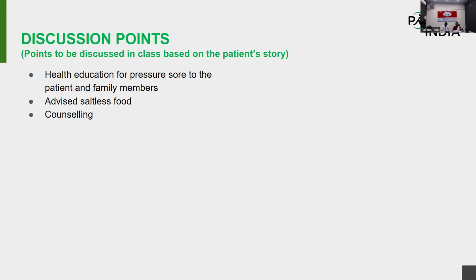So here also you have to think about the patient's family. From the first day onwards, the family is also suffering. Along with the patient, you have to give proper emotional support to the patient and the caregivers, and understand their emotions.